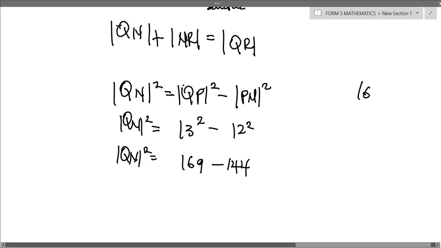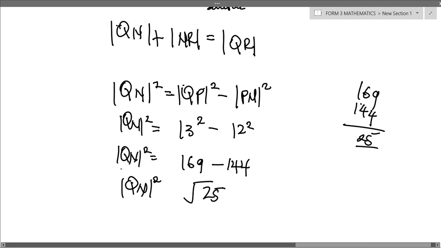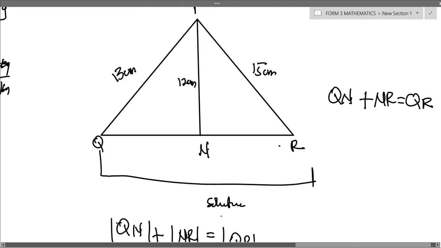So let's do 169 minus 144. This one will give us 5, this one will give us 2. So 25. So we have 25 here. QN squared. To eliminate the square, what do we do? We square root both sides. So our QN will give us the square root of 25, which is 5 centimeters. So now we have our QN to be 5 centimeters.